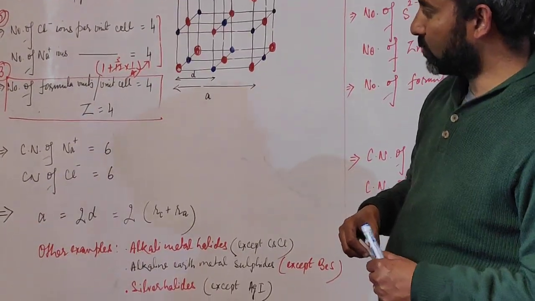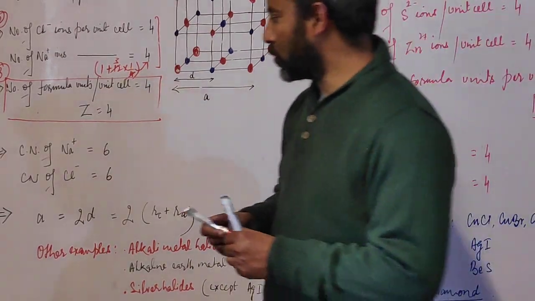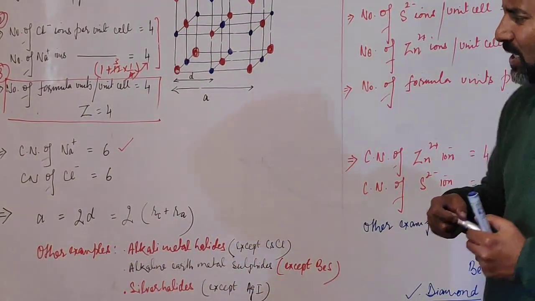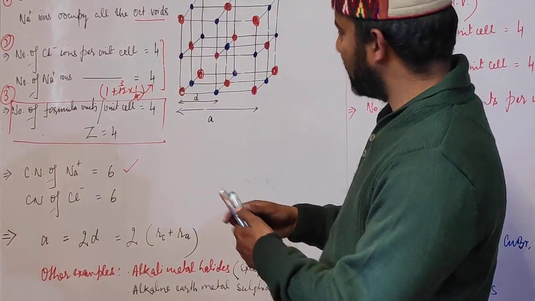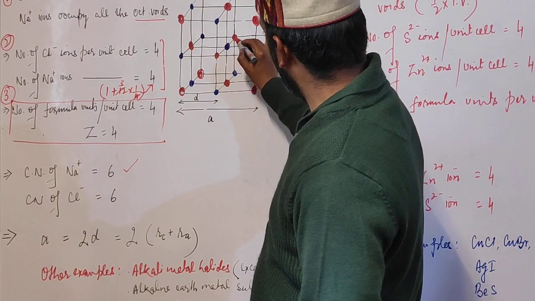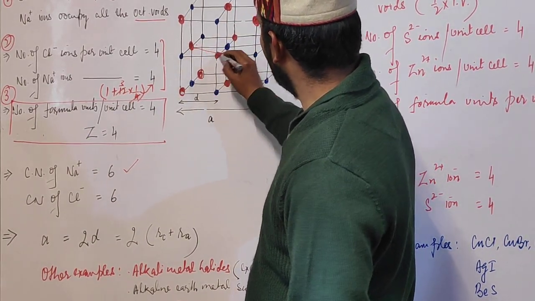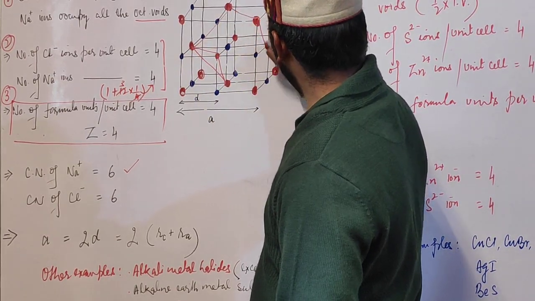Now students, the next important point about rock salt structure is the coordination number of ions. So students, the coordination number of sodium ion is 6. Now how is this 6? This is very easy. Say this is a sodium ion in an octahedral void. Now see, this sodium is touching 1, 2, 3, 4, 5, 6 chloride ions. You may join these and you will get an octahedral arrangement.